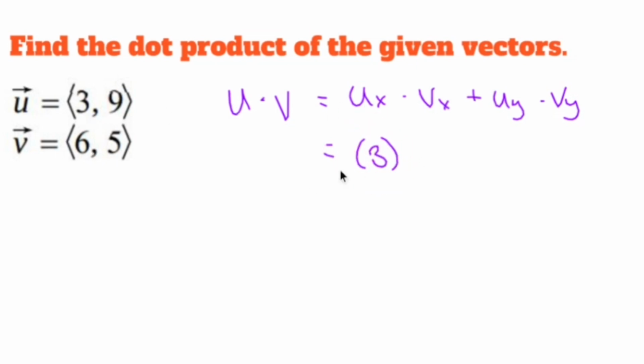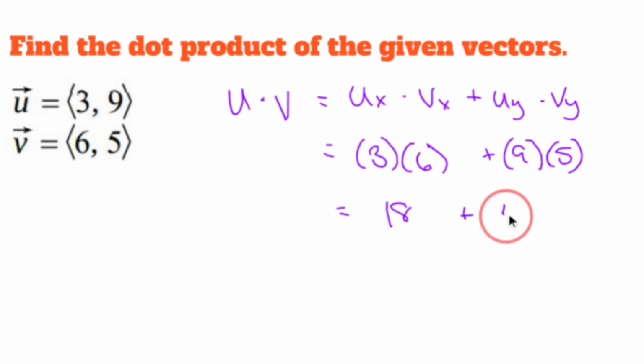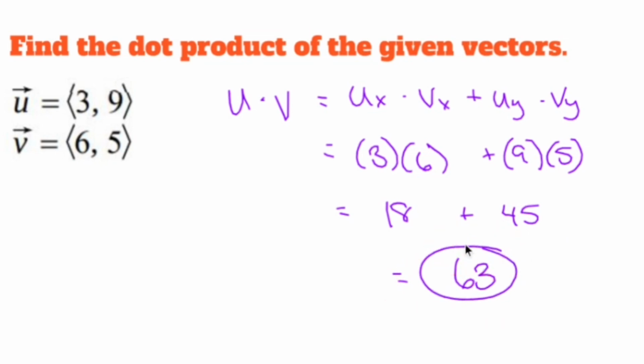The x value in v is 6. Plus the y value in u is 9. And the y value in v is 5. 18. 45. 63. It's my dot product, baby.